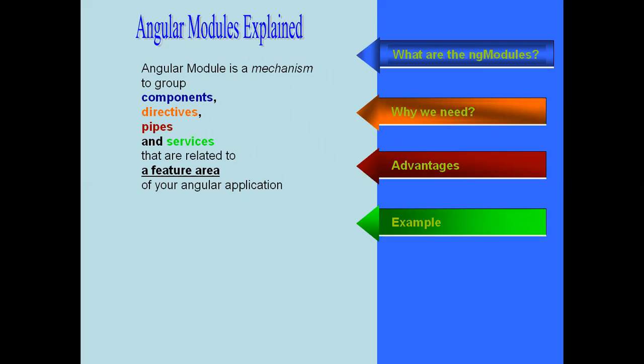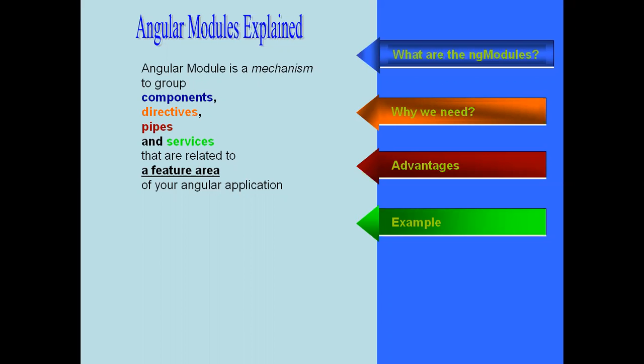So in the second definition, we can understand that Angular modules are a mechanism. What is the mechanism? It is for grouping some elements, as I said in the beginning, into one unit with related functionalities or features.